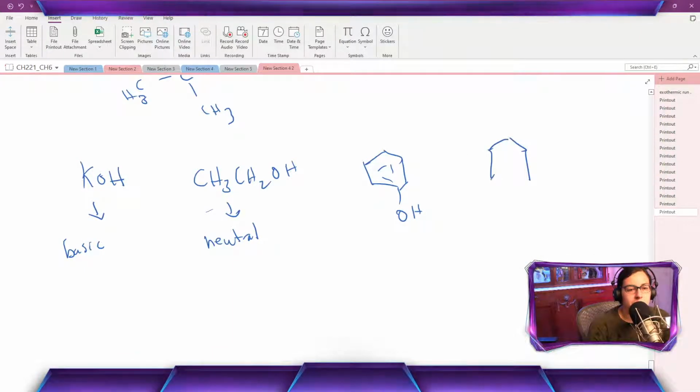So if we were to deprotonate, this can be stabilized across this entire ring. And so this proton is going to be acidic. You can tell it's acidic because basically you take off that hydrogen, and then you ask yourself, is this stable? Is this not stable? And in this case, you have your aromatic ring to stabilize it.